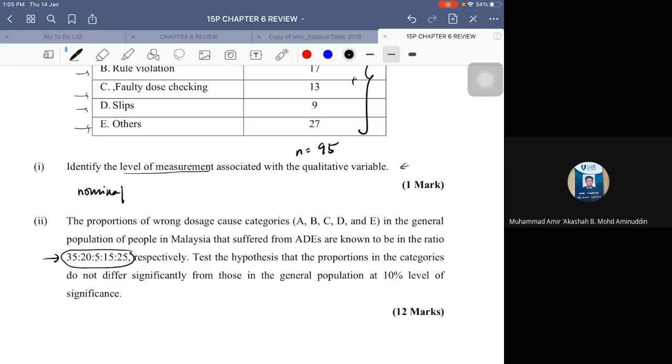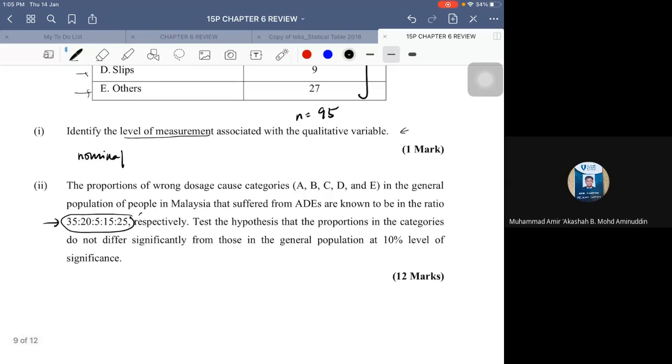For percentage, yes, the total is going to be 100, but for ratio, it's not necessary that when you add them together it's going to be 100. So you have to total this up. What do you get? 55, 60, 75, 25, 100. So here the total of the ratio is going to equal 100.